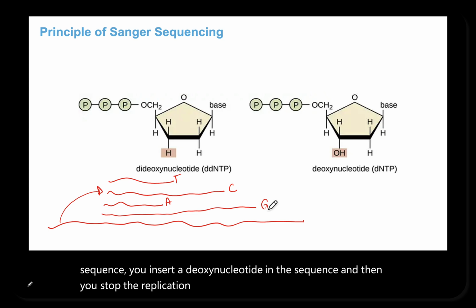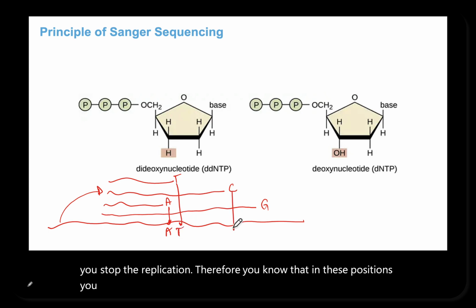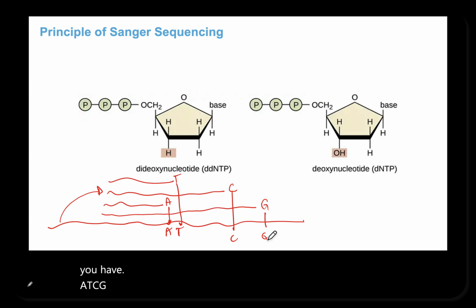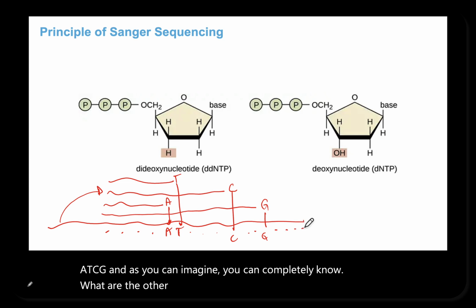Therefore, you know that in these positions you have A, T, C, G, and as you can imagine, you can completely know what the other letters are in this sequence of DNA.